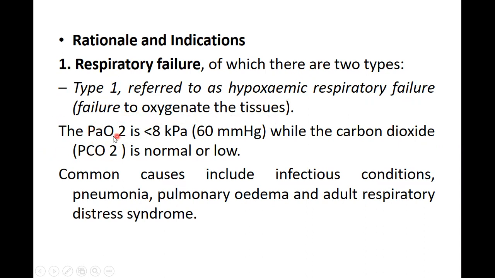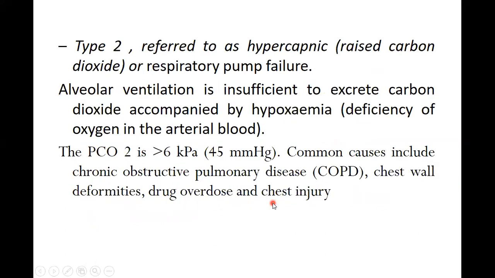Here, the partial pressure of oxygen is less than 8 kilopascals or less than 60 millimeters of mercury, while the partial pressure of carbon dioxide is normal or low. So this patient is hypoxemic. The causes include infections, for example, pneumonia, pulmonary edema, and adult respiratory distress syndrome.